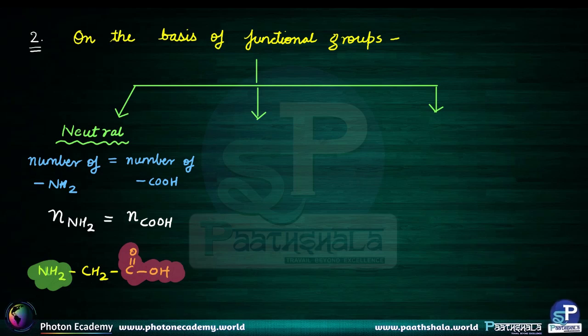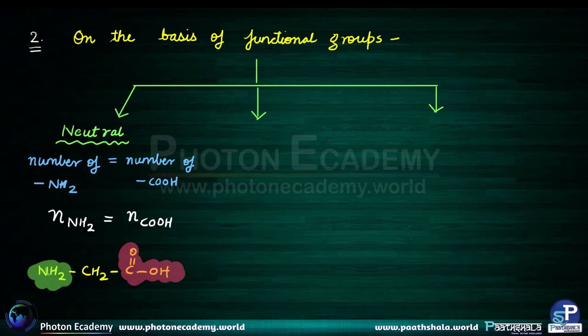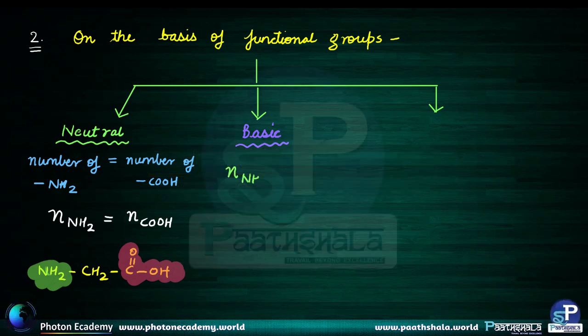The second category which comes to our mind is, what if the number of NH2 is greater than the number of COOH? Of course NH2 being basic in nature will give rise to the basic category of amino acids, where the number of NH2 will be greater than the number of carboxylic acid groups.